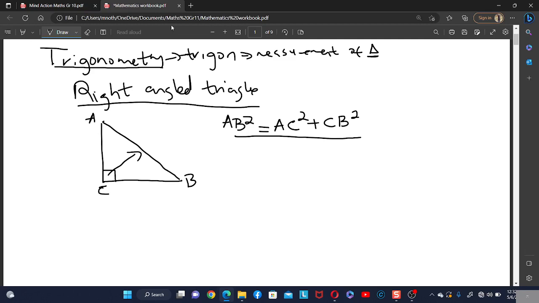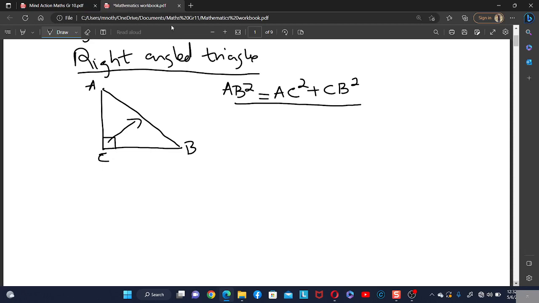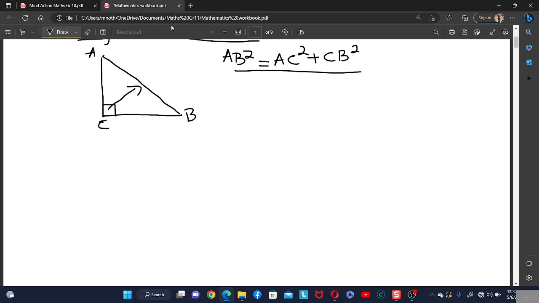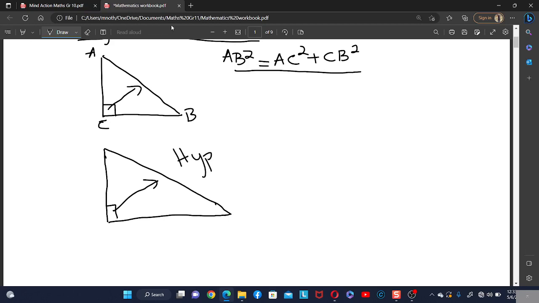And then another thing that you should learn about right angle triangles is that a side that is opposite to 90 degrees is called the hypotenuse side.